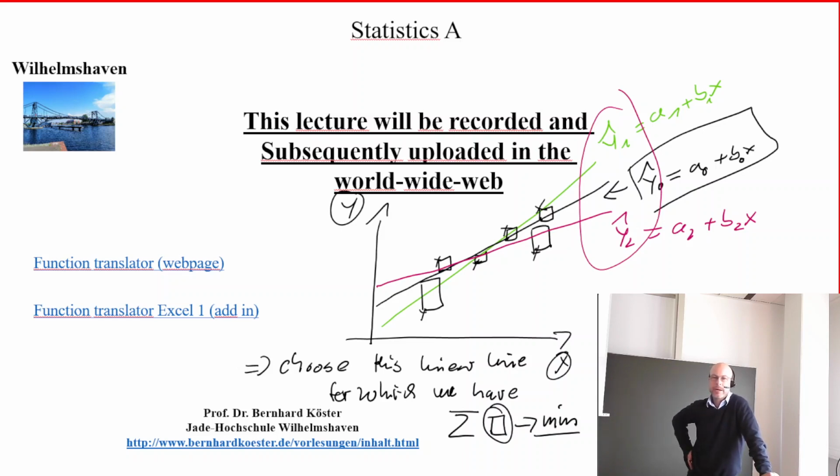One reason is that if we choose the square and not the distance itself, we do not have the problem of plus minus, whether our data point is below or above our line, so that the distances cannot cancel out. But this we could also obtain if we take just the absolute value.